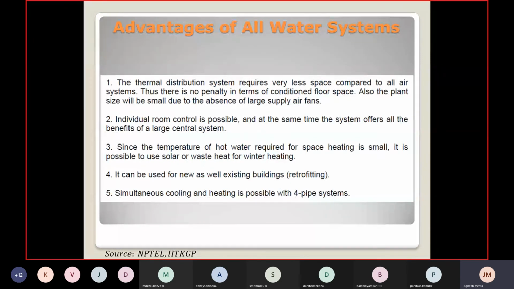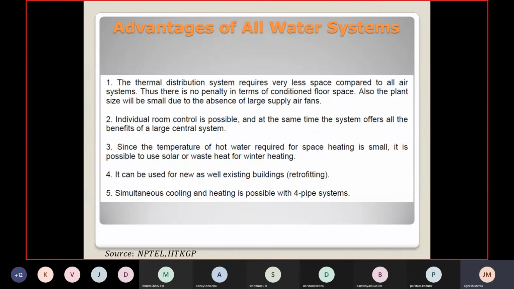Advantages of all water systems: the thermal distribution system requires very little space compared to all air systems. Thus, there is no penalty in terms of conditioned floor space. Also, the plant size will be small due to the absence of large supply air fans. Here you are using pumps and pipes in place of ducts and fans. That's an advantage. Individual room control is possible.